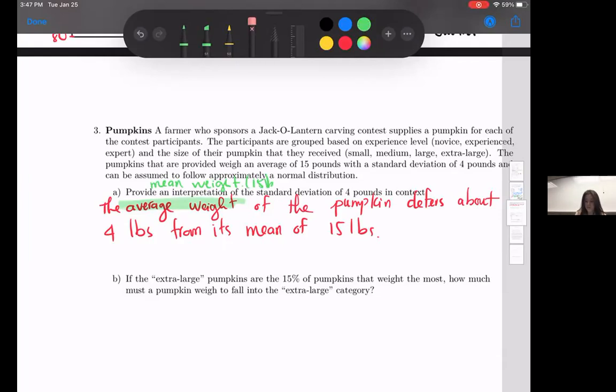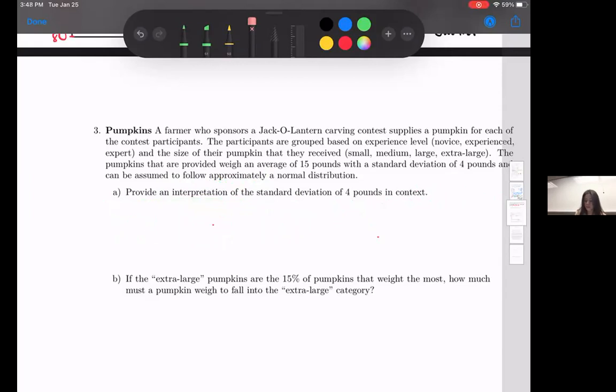It's very important how you say it in statistics. It could mean different things. You can put on average in the beginning or at the end, it doesn't matter. On average, the weight of the pumpkin. Someone finish this for me.